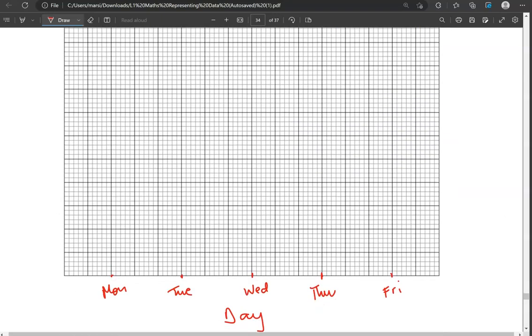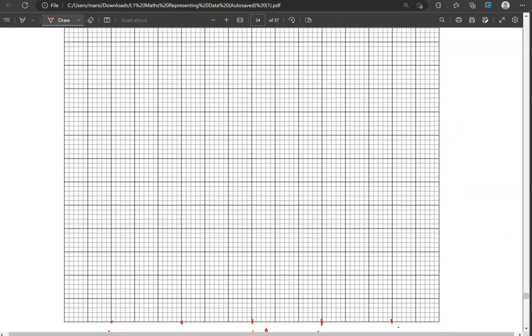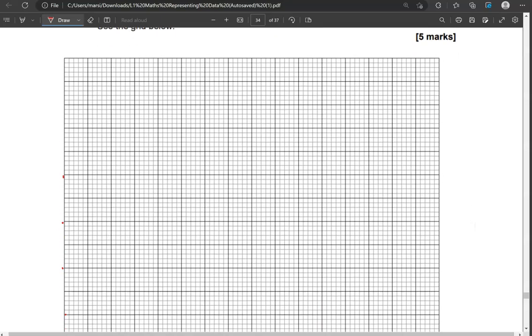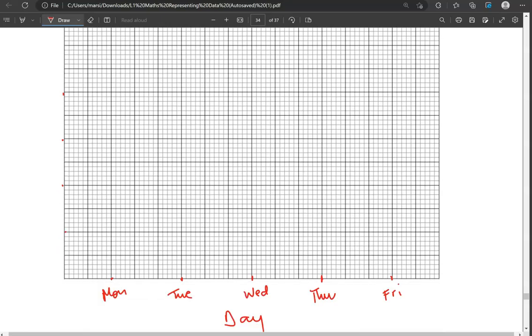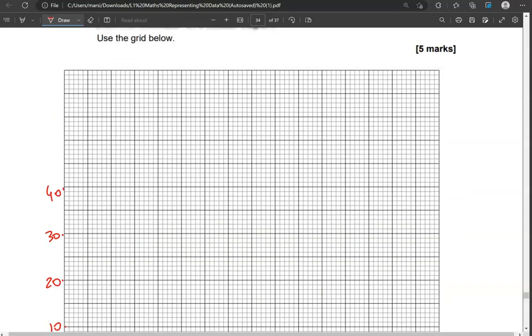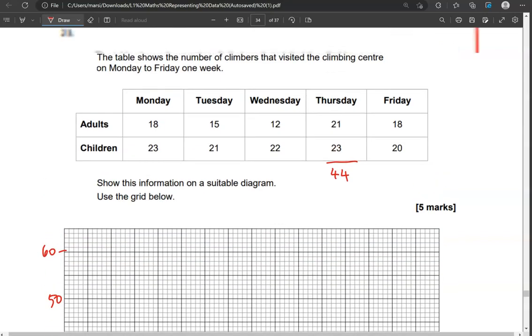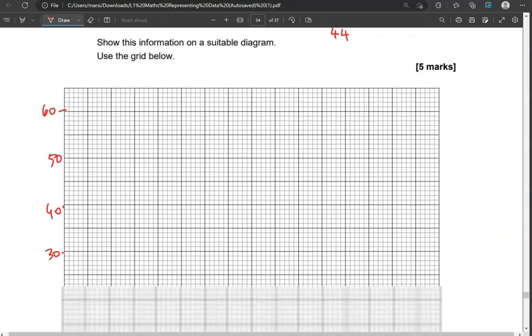So starting from 0, we could do 10, 20, 30, 40. That would work. And that is the number of climbers.